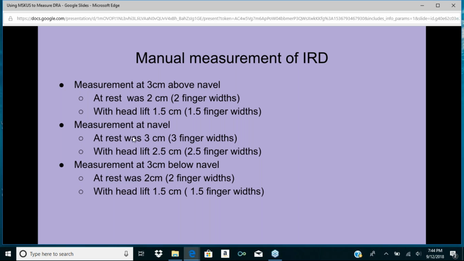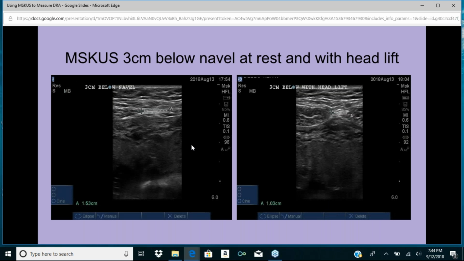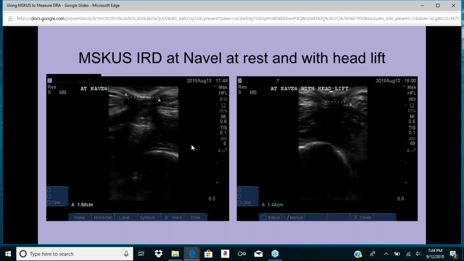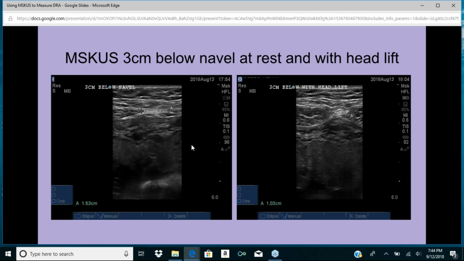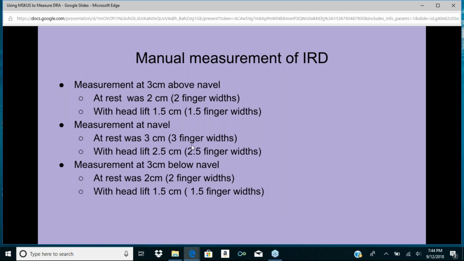Then at the navel, I found 3 finger widths in between. And then with the head lift, I had 2.5 finger widths. You can see at the navel, I had 1.5 with the MSKUS and 1.4 with the head lift. So that was a big significant difference compared to the 3 centimeters that I saw manually.